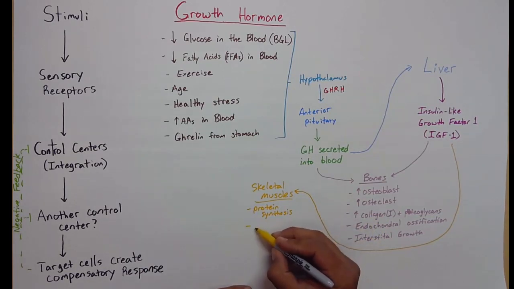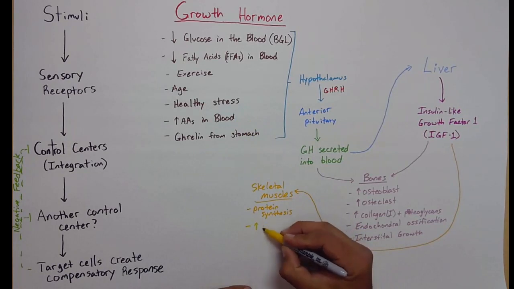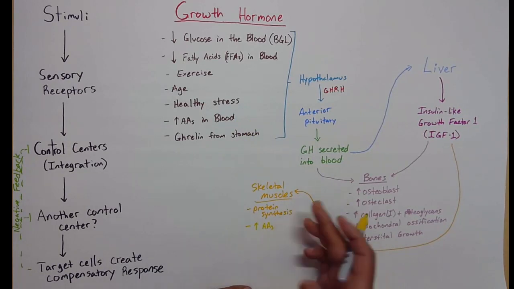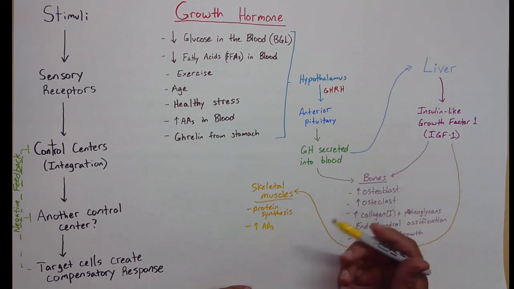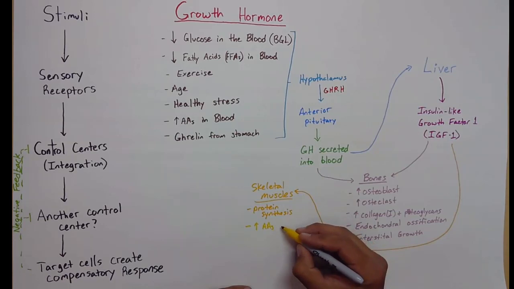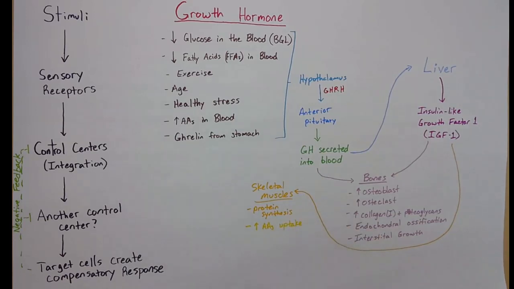So we're going to take the amino acids out of the blood and we're going to start to pour those amino acids into the muscle cells. By the way, all cells of the body are going to enhance the amount of amino acids that are going into them. And this is called amino acid uptake. So this is going to be enhancing amino acid uptake into all of these muscles and other cells as well.